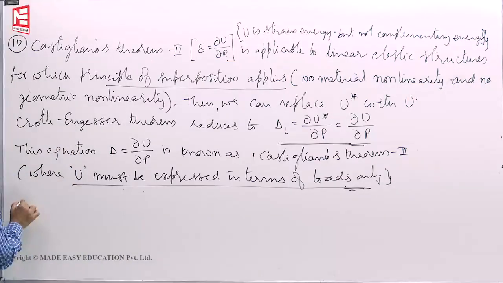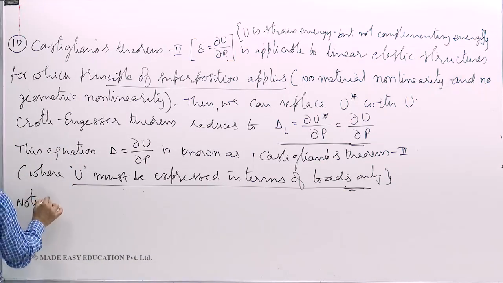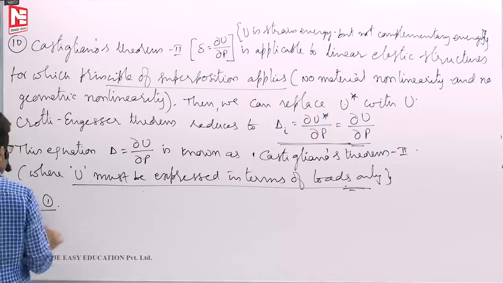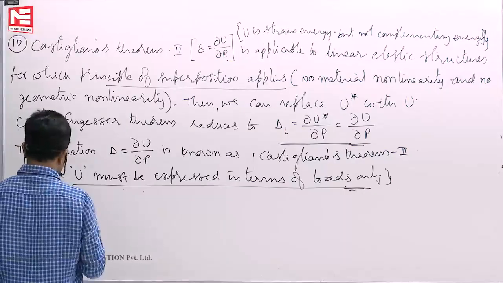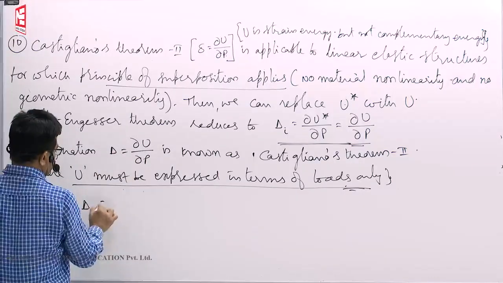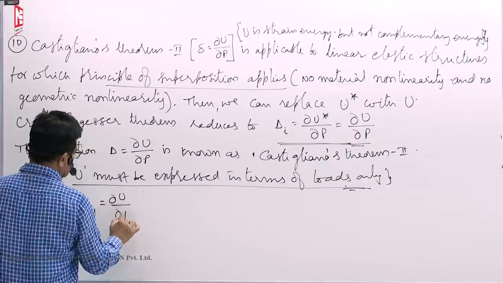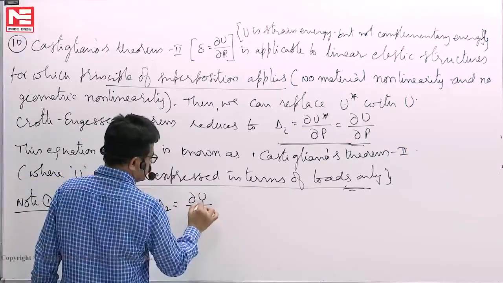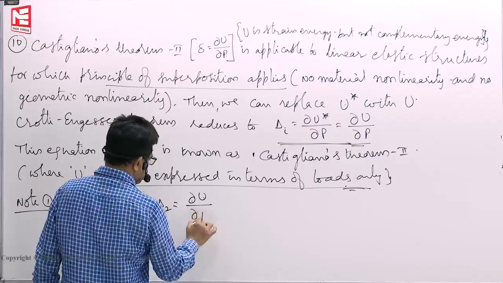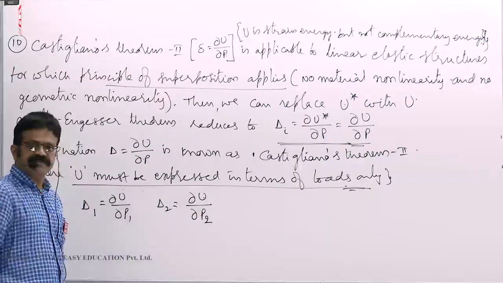Now, first point, note 1. If we have a redundant structure, delta 1, I can write as dou U by dou P1. Displacement at the second point is the first partial derivative of energy with respect to load at the second point.